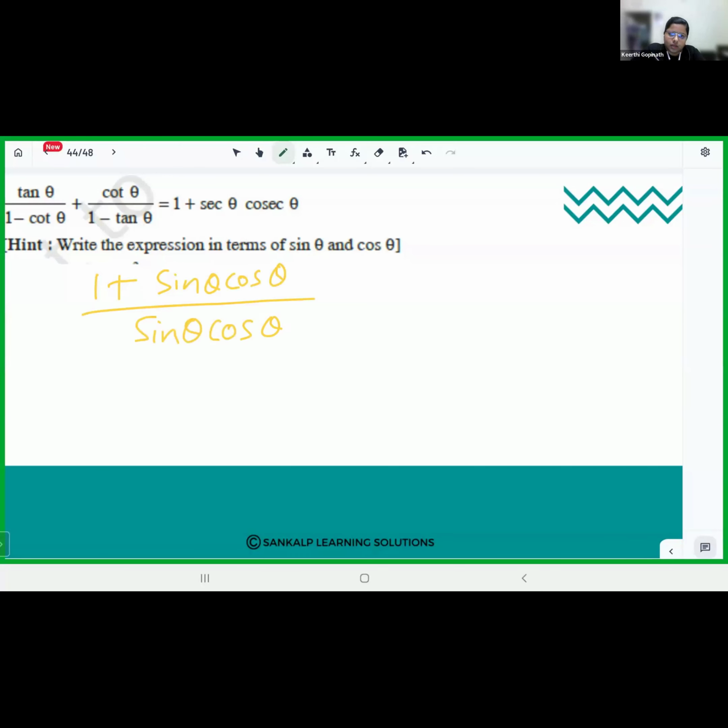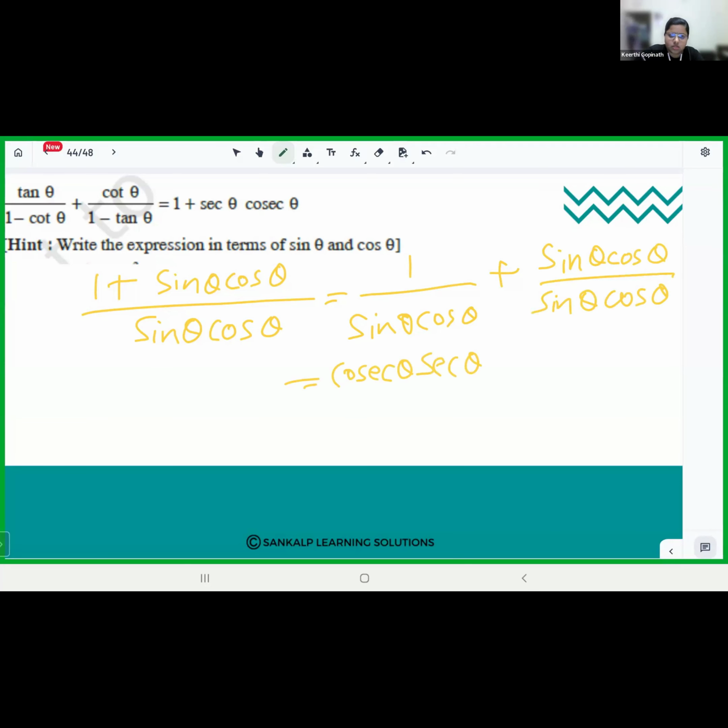Is that clear to you? Now you just give the denominator to both the terms in the numerator: 1 by sin theta cos theta plus sin theta cos theta divided by sin theta cos theta. So what is 1 by sin theta? Reciprocal of sin is cosec theta. What is 1 by cos theta? It is nothing but sec theta.